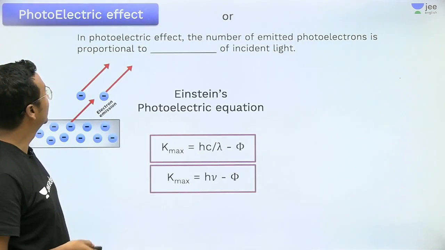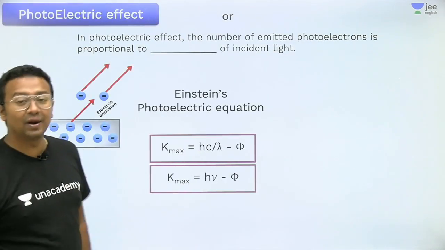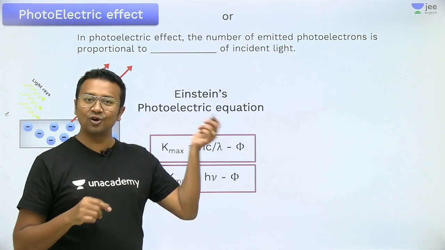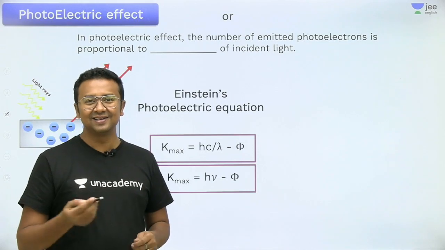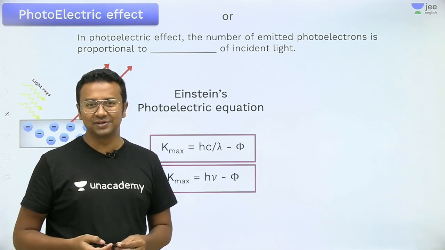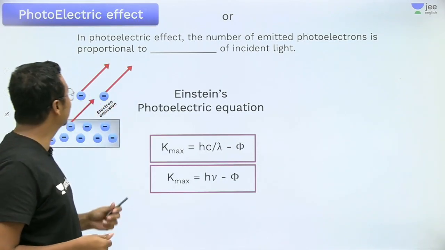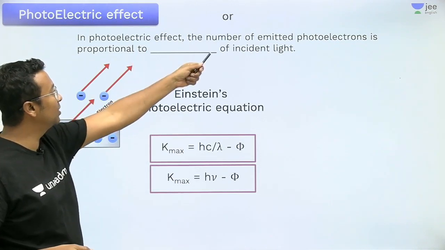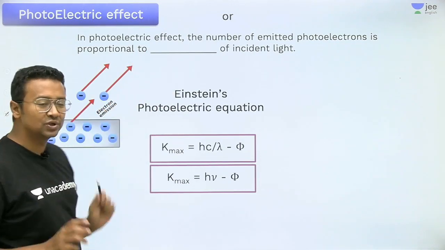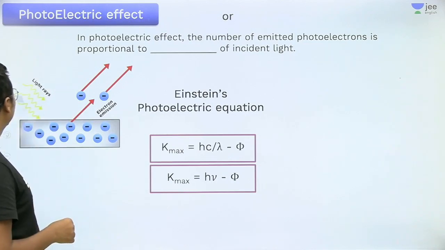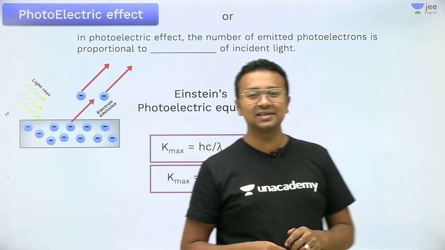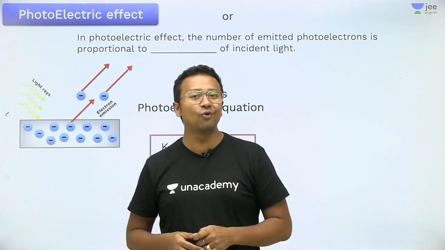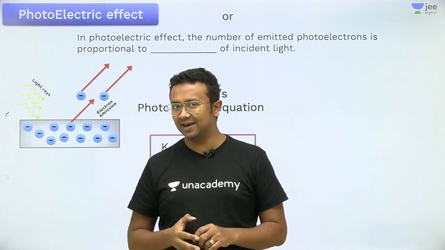Now you had a choice, either do that or do this. I would have done this anyway. It's just a single word that I have to introduce here. What is the question? In photoelectric effect, the number of emitted photoelectrons is proportional to what? See, simple idea. The more photons that come and strike the surface, the more photoelectrons that are going to be liberated.